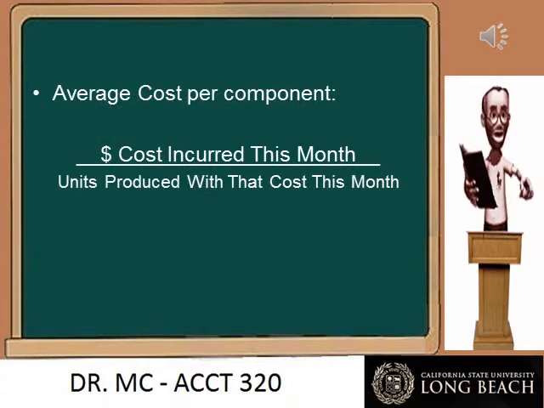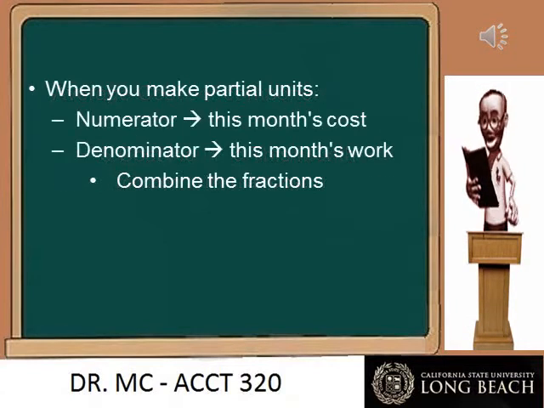Every month, a factory calculates the average cost of its cost components by dividing the cost of that component for that month by the number of units produced with that cost during that month. This isn't very difficult when the factory makes whole units. When the factory makes partial units during the month, it becomes a little more difficult.